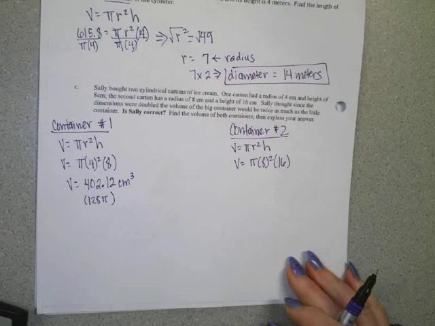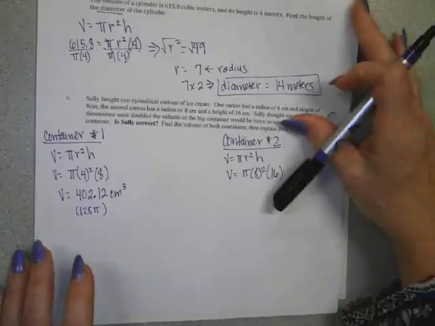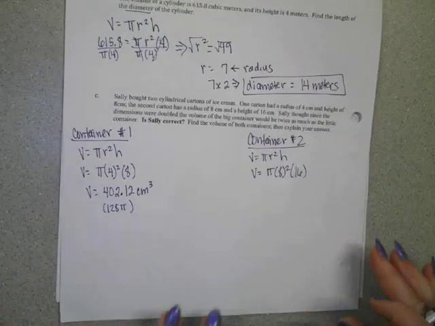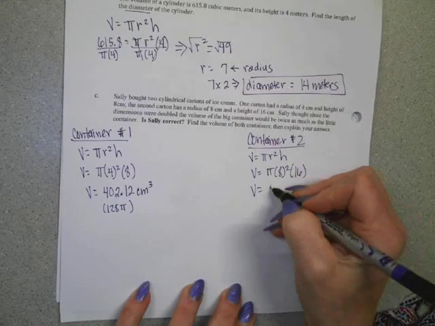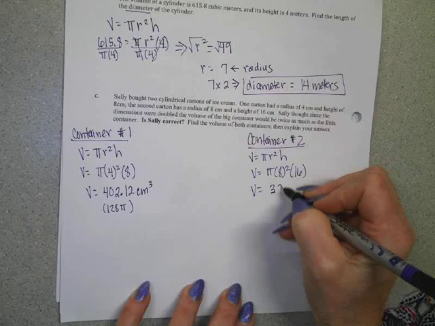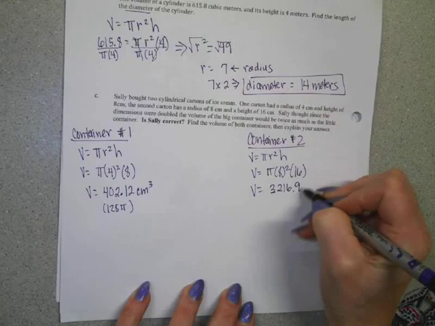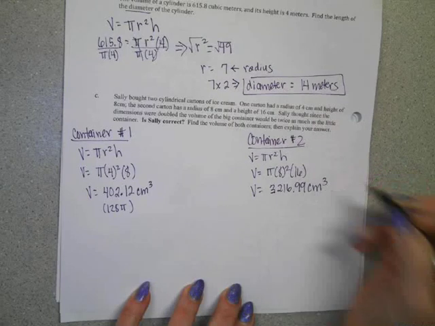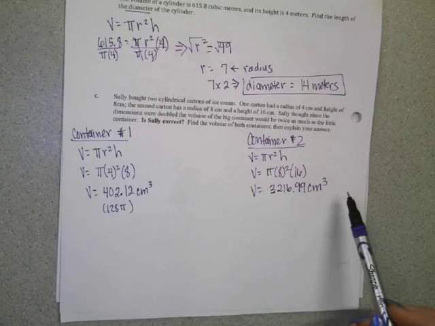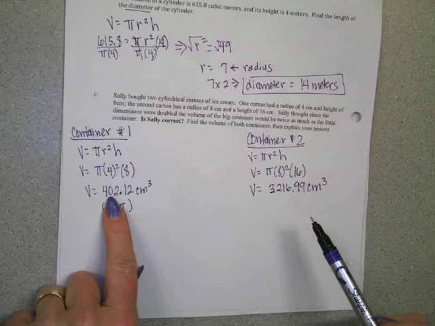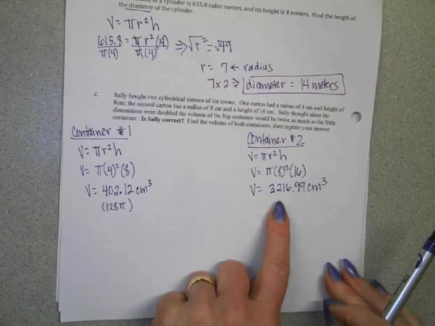And when I do that one, I get 3,216.99 centimeters cubed. Well, if it was to be doubled, 400 doubled should be 800. Is that 800? It is not.